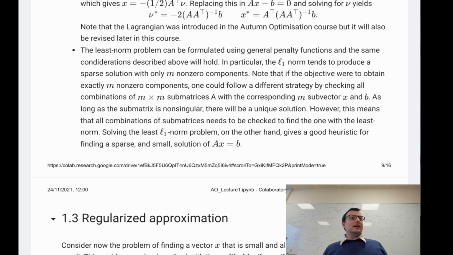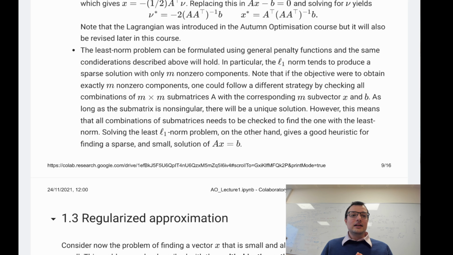Keep in mind that when we say that the L1 norm produces a solution that is sparse, it doesn't necessarily mean that it provides the sparsest solution. We know that we are solving a problem in which we have Ax equal to b and the number of constraints is m.